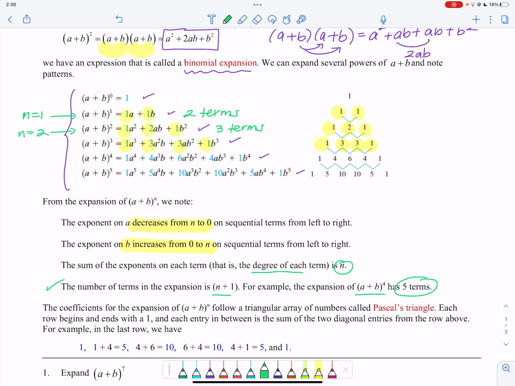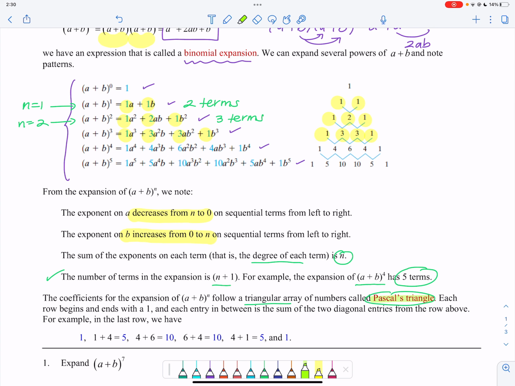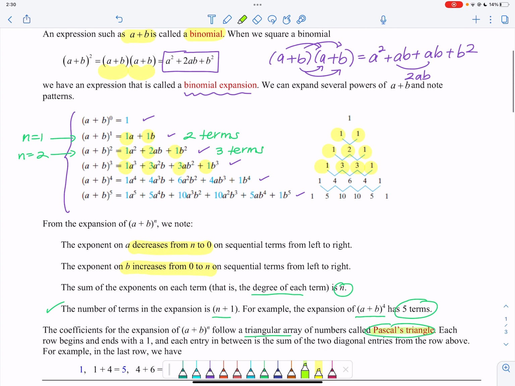The coefficients for the expansion of a plus b to the nth power follow a triangular array of numbers called Pascal's triangle. Each row begins and ends with a 1. So note, 1 and 1.